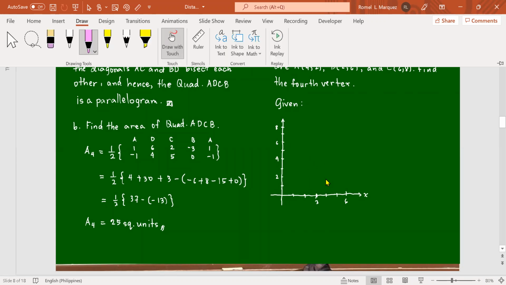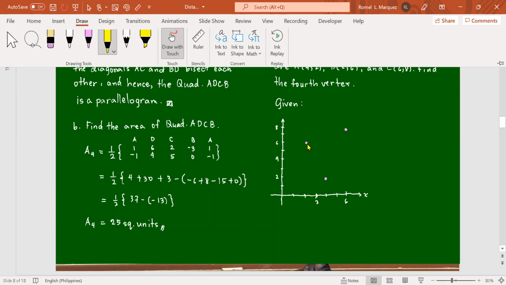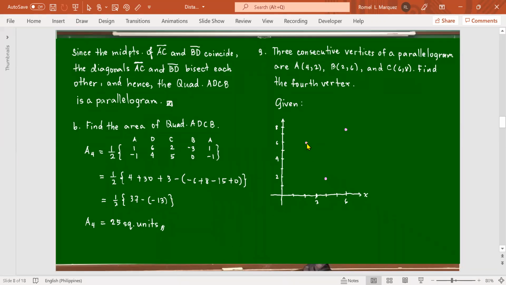Okay, plotting the given points: (4, 2), (2, 6), (6, 8). If I begin with A, which is (4, 2), let's label that A. This is supposed to be C, and this is supposed to be B. If I begin with A, what is my next point?